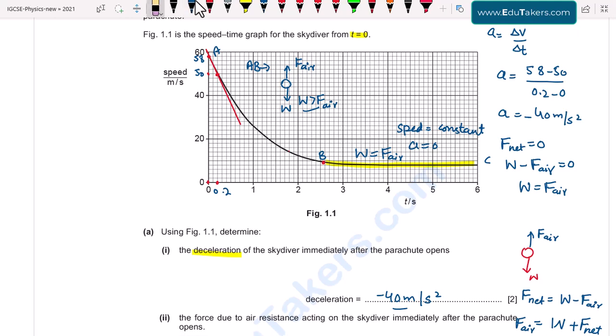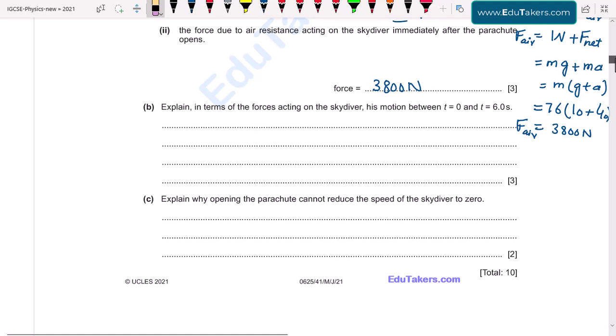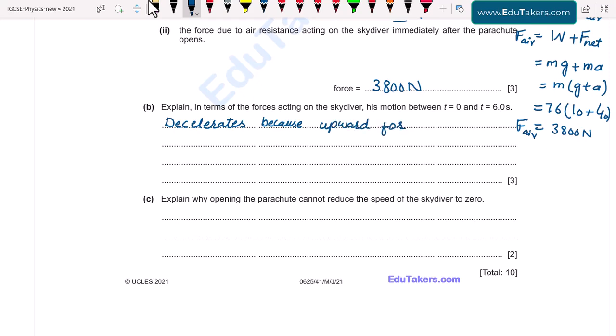I write here: decelerates because upward force is greater than weight, and air resistance reduces with decreasing speed.